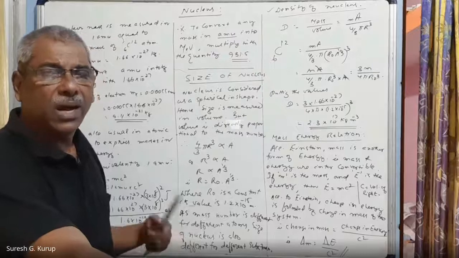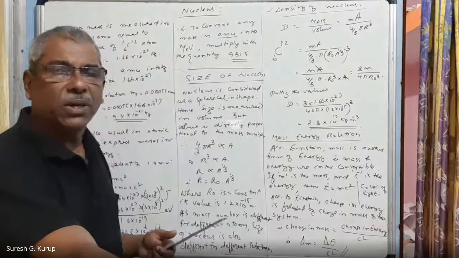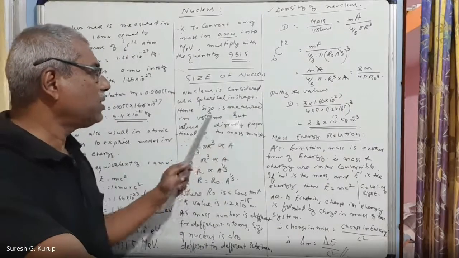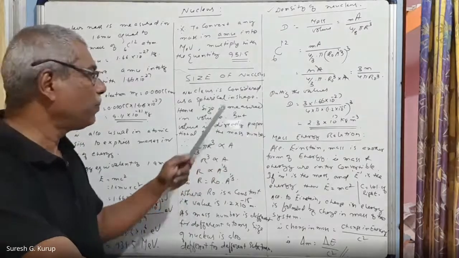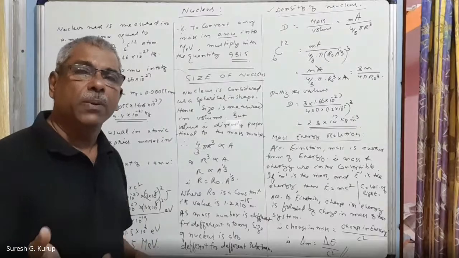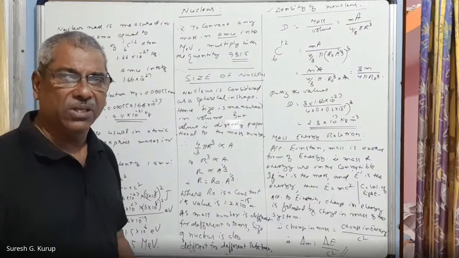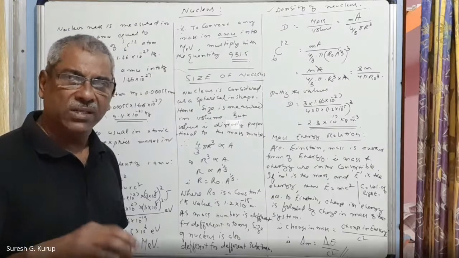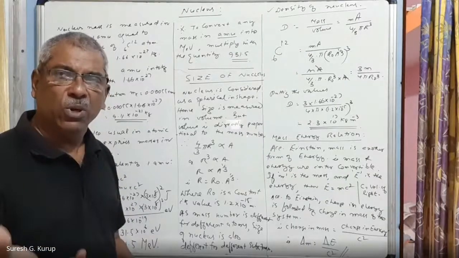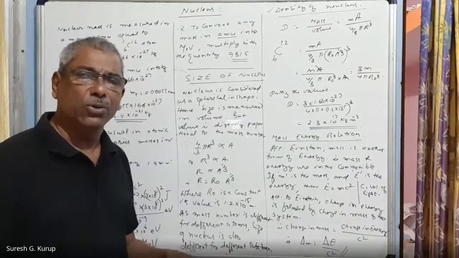The nucleus is also considered spherical in shape, hence its size is measured in terms of volume, and volume in turn is directly proportional to the number of nucleons present inside the nucleus. Number of nucleons is equal to the mass number. As mass number increases, number of nucleons also increases.